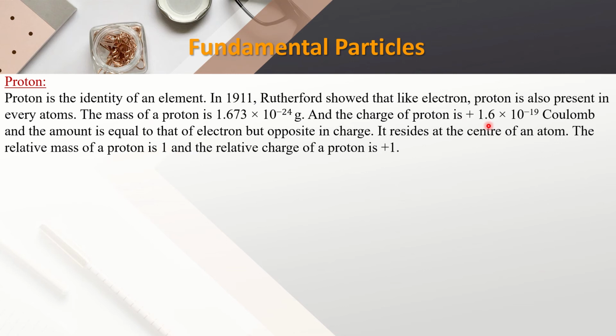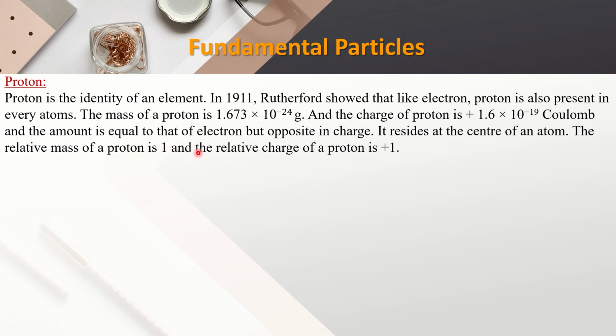Dear students, look, this charge and this mass are very small values. So it is very hard to remember or use these values to calculate different masses. So we will learn relative mass and relative charge of proton and other fundamental particles also.